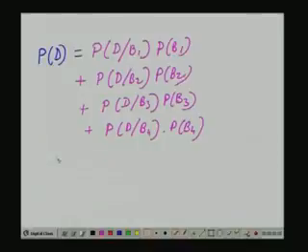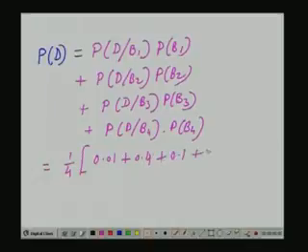We now know all these values. These are all 1 by 4, so you can take 1 by 4 common, and the individual probabilities are 0.05 plus 0.4 plus 0.1 plus 0.1. If you calculate it, it will turn out to be the probability that the selected item is a defective one.